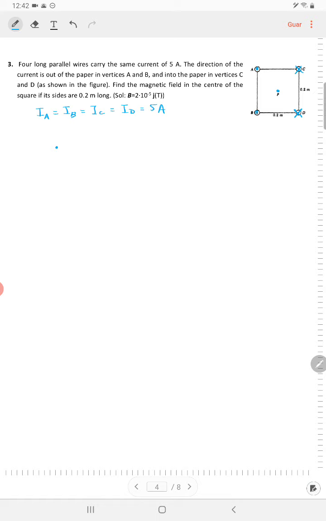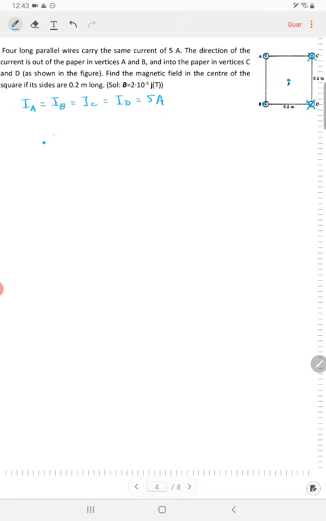We just have to put our thumb in the same direction as the current in the wire, and this leaves our fingers going around in this direction. So the magnetic field is going to have these field lines. At this point, the magnetic field is like this, at this point like this, etc.